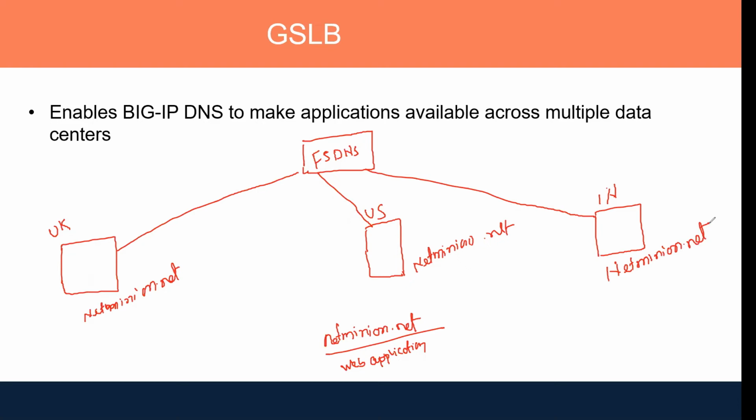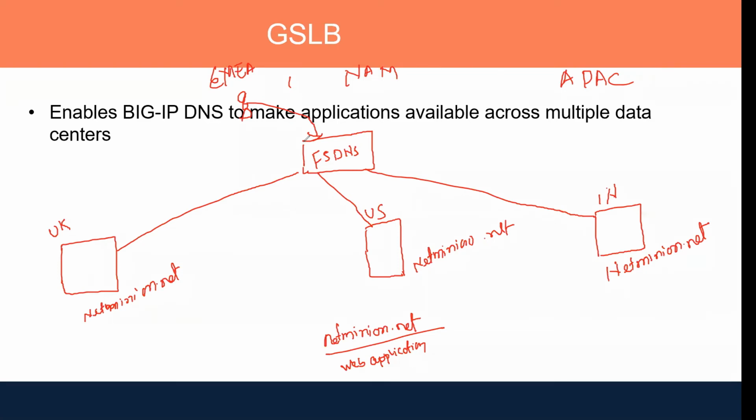Now, when users are requesting the IP address of netminion.net, maybe users are requesting from different zones. So maybe we have users in EMEA, in NAM, North America, or from APAC, the Asia Pacific region. When any EMEA user is requesting the IP of netminion.net, the query would go over here, and this F5 would provide topology based load balancing.